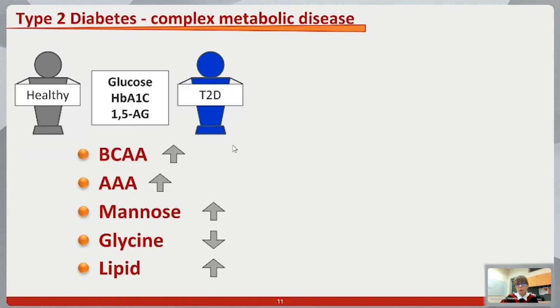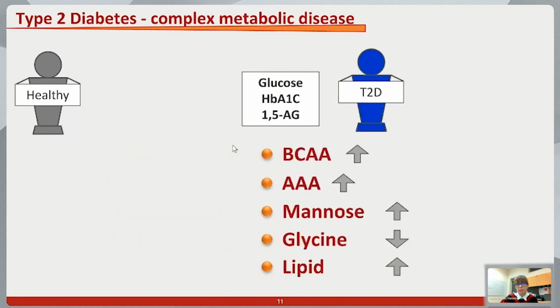Also, the massive amount of work done in the context of type 2 diabetes and metabolomics resulted in the identification of metabolic markers such as branched-chain and aromatic amino acids, mannose, and elevated lipid levels, which are known to be characteristic of type 2 diabetes.